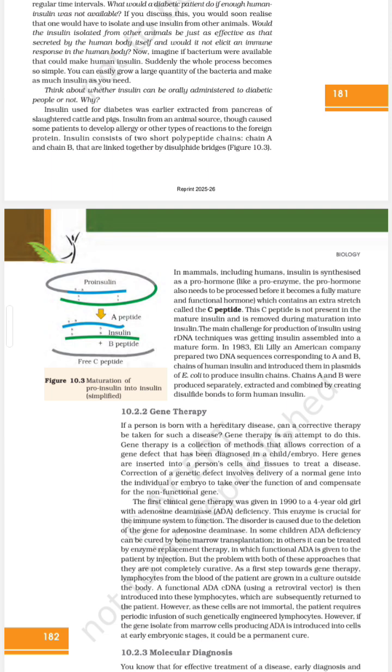In the year 1983, Eli Lilly, an American company, prepared two DNA sequences which were similar to chain A and chain B, that is peptide A and peptide B.